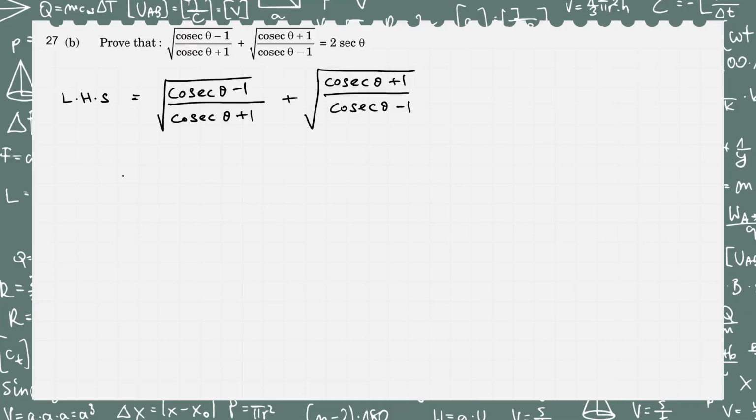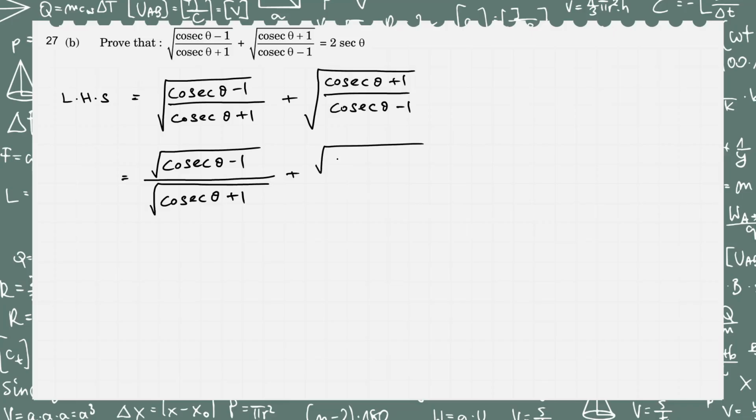So let us do that first. This can be written like root of cosecant theta minus 1 divided by root of cosecant theta plus 1. The same way, the next also we can write like root of cosecant theta plus 1 divided by root of cosecant theta minus 1.